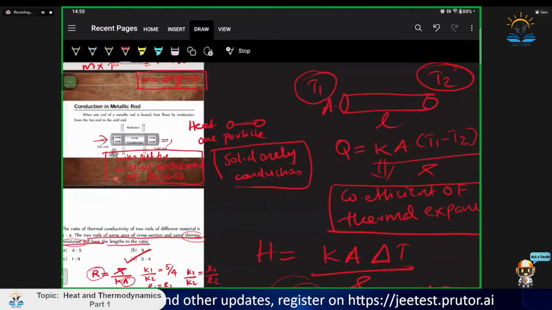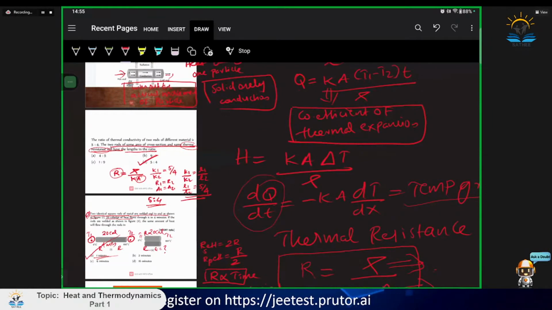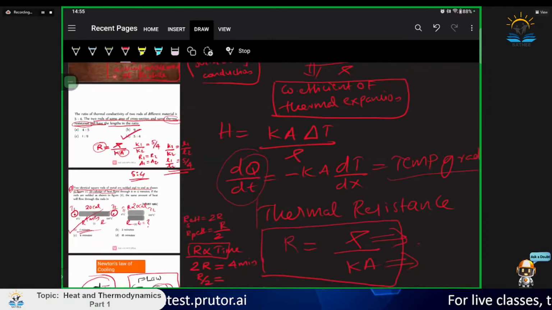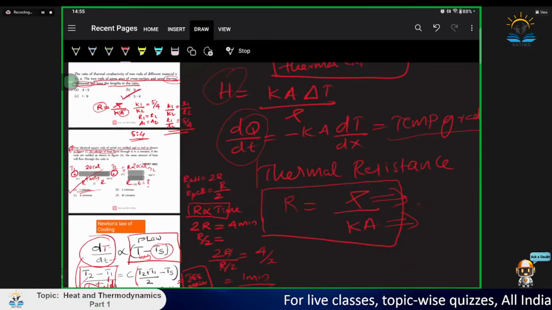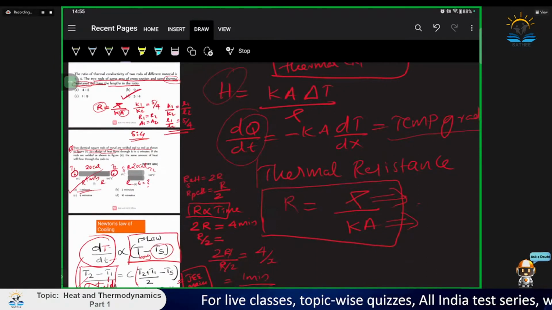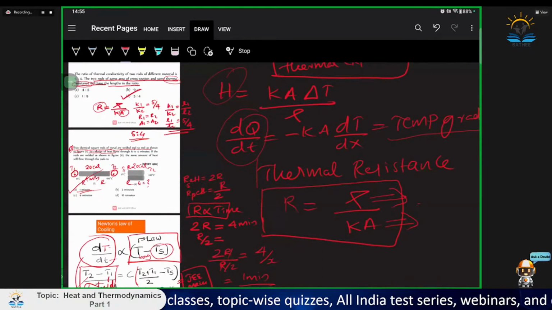We know thermal resistance R is equal to L by KA, and heat current is equal to KA delta T by L. And so using this formula we saw how to measure the thermal resistance of parallel and series connection, and also how to find the relations between L, K, A, and R using this formula of R is equal to L by KA.